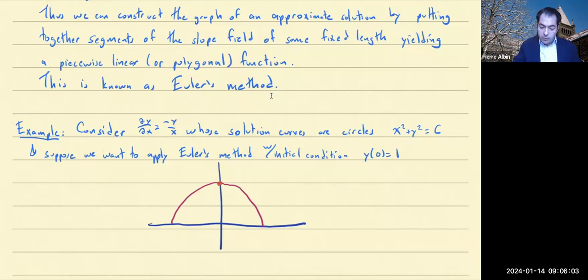How the Euler method works is we start at that point, and we look at the tangent segment, of some fixed length, and we just follow that tangent. Then at the point where we ended, we look at the tangent segment and we follow that. Then we look at the tangent there and we follow that, and so on.